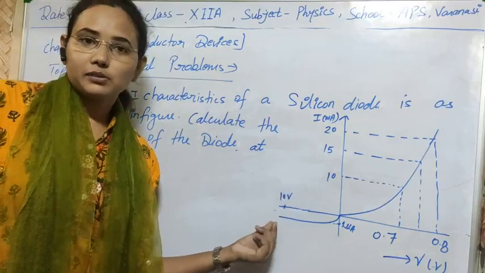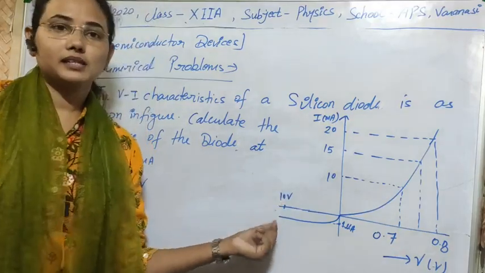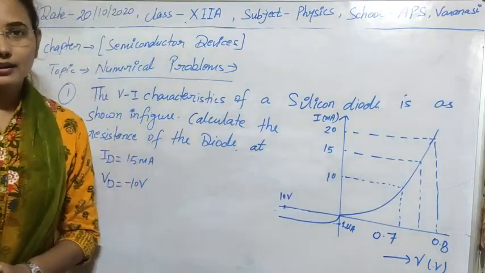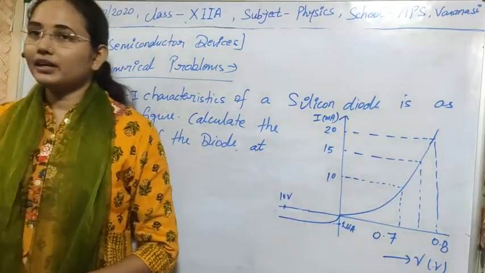Means in reverse bias at this voltage, and in forward bias at this current, we have to calculate the resistance. So how can we derive it?